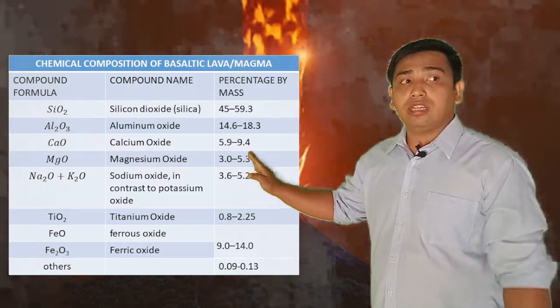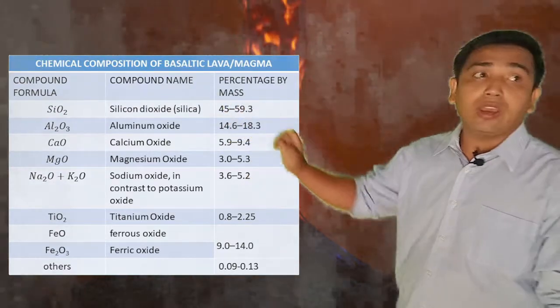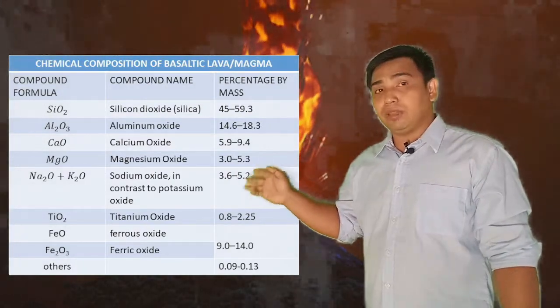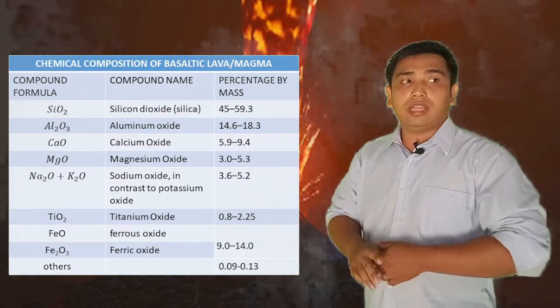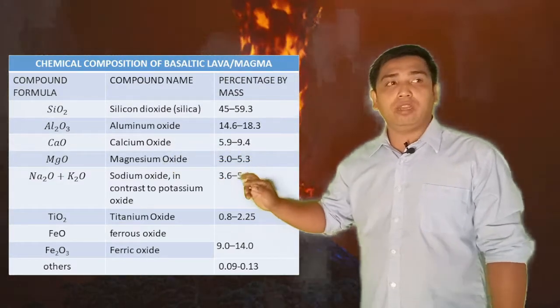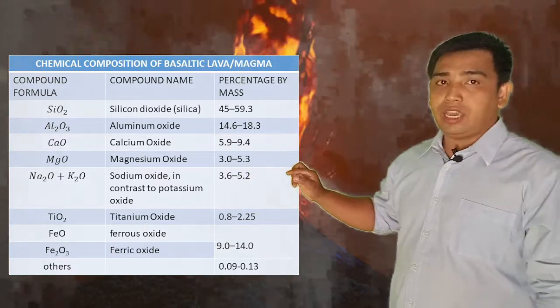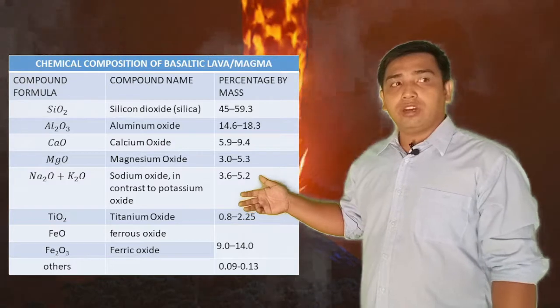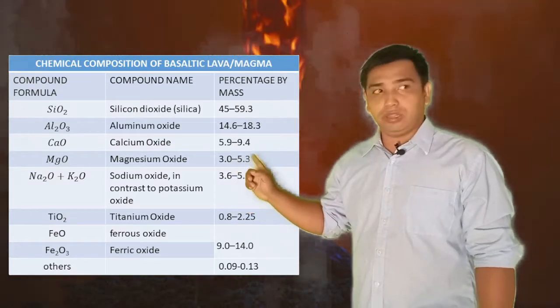That is the silicon dioxide or SiO2, and it can range from 45 to around 70% depending on the type of lava. We also have the Al2O3 or the aluminum oxide. It has an average percentage per mass of around 14.6 to 18.3%.